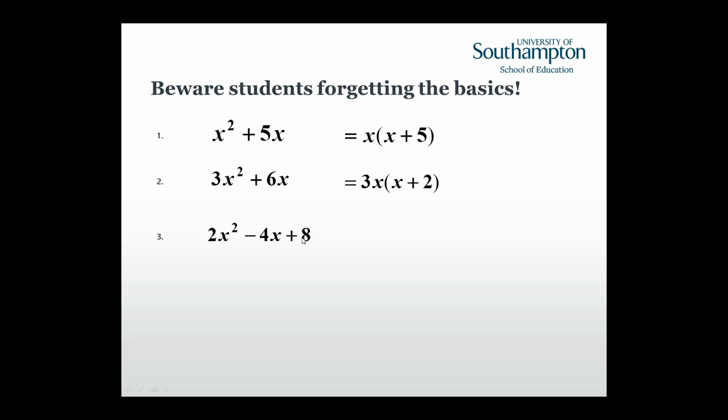What about this one? They're generally not too mean, but often you can take the 2 out. You may not actually be able to factorise the equation. And what does that mean? If you can't factorise it, what does that tell you about the solutions?